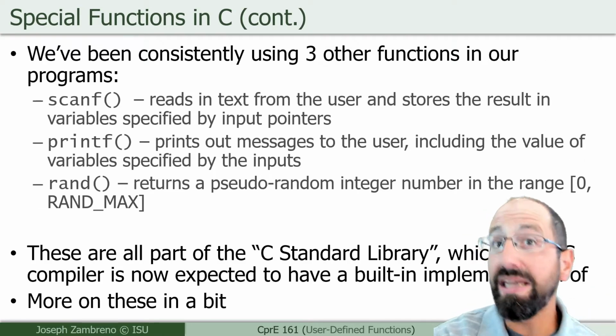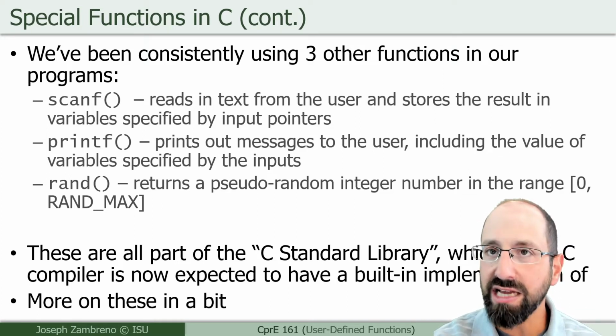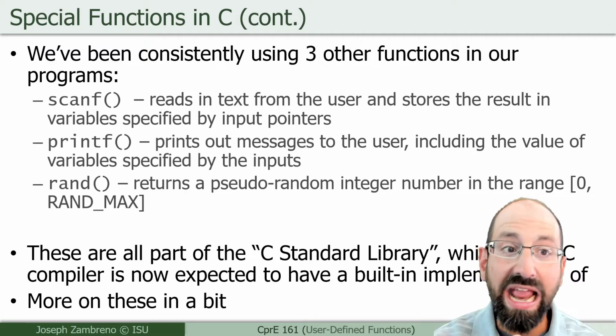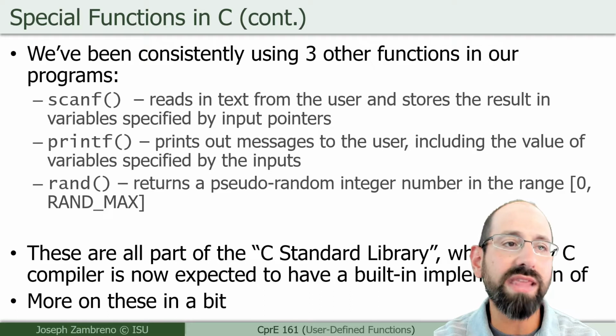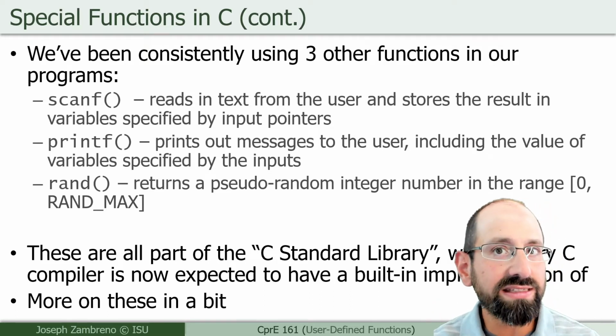And we've been using many different functions, right? But the most consistent three we've been using are scanf to read in text from the user, printf to print out messages to the user, and then the rand function to optionally generate a pseudo-random integer in that 0 to RAND_MAX range. That's all part of the C standard library.